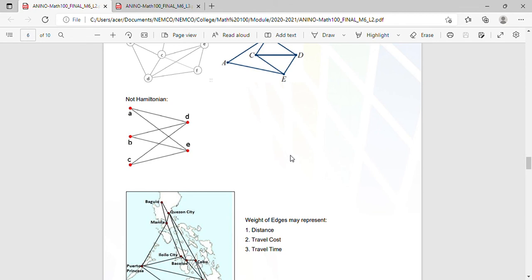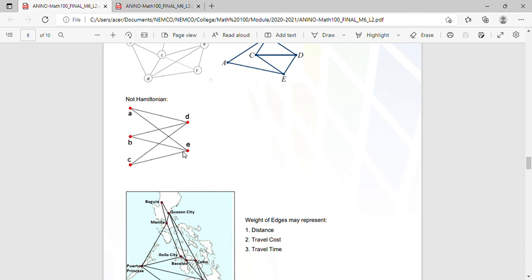So, what makes it not a Hamiltonian? Dili pwede tungod kay wala tay makita na Hamiltonian. For example, if we go A, B, E, C. Kinahanglan kung asa imo starting point, dito ka mag-end. Na kay na-travel naman imo tanan ng mga vertex, so you cannot go back to A na.